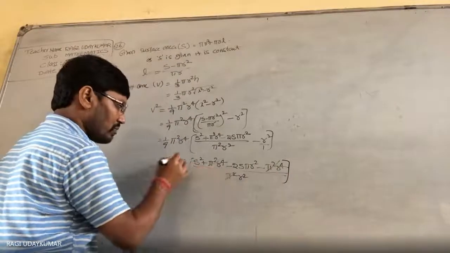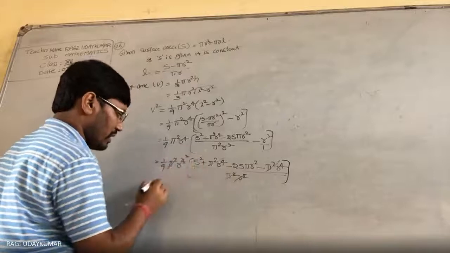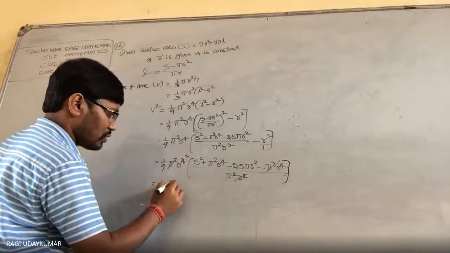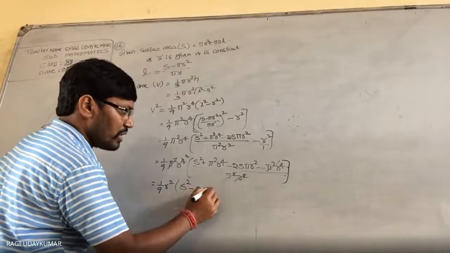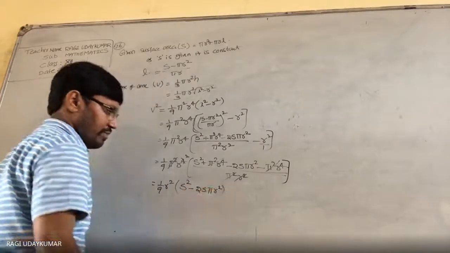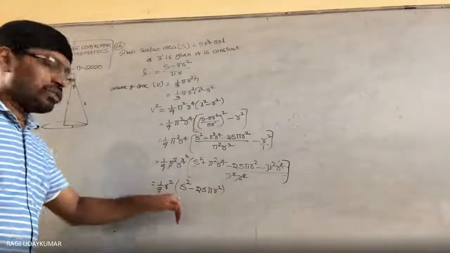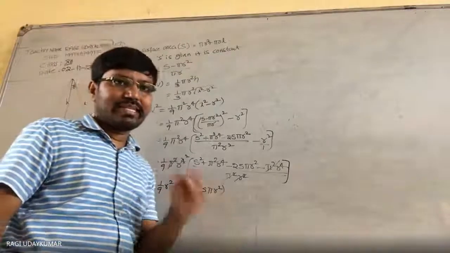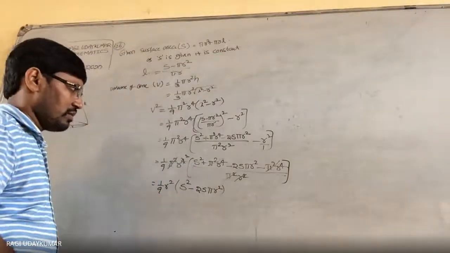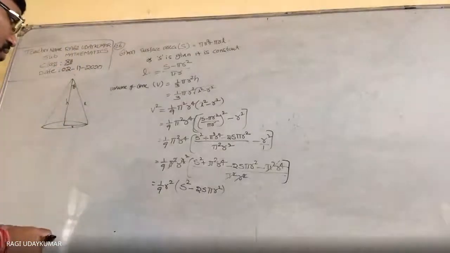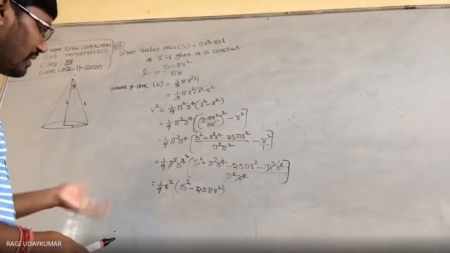Here pi square cancels, r square को square आ जाएगा. So what you get here? 1 by 9 r square times s square minus 2s pi r square. From this you can take s common, otherwise you can keep it.